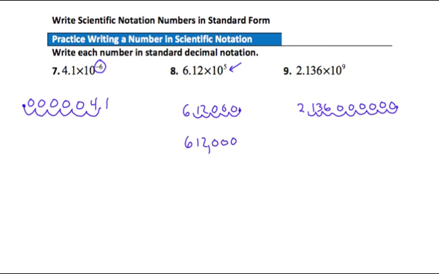All right, now let's rewrite all these digits and put our commas in. 3, 6. I need 1, 2, 3, 4, 5, 6 zeros. Put my commas in. So it looks like 2,136,000,000 for our answer there in standard decimal notation.